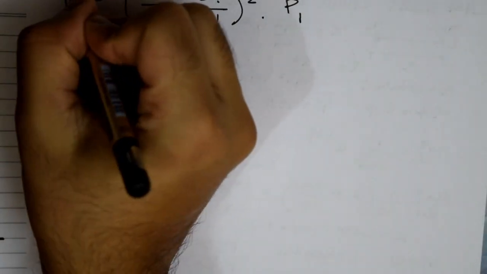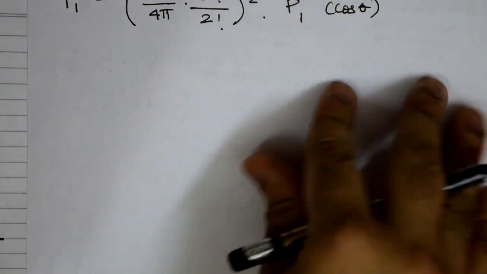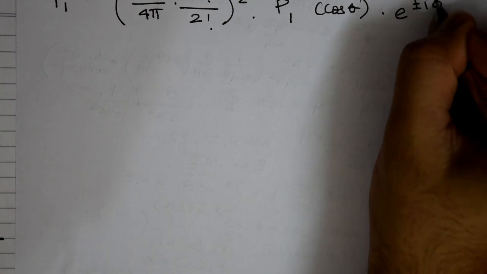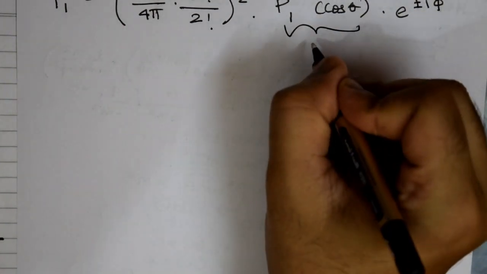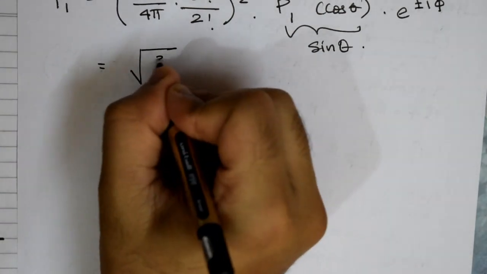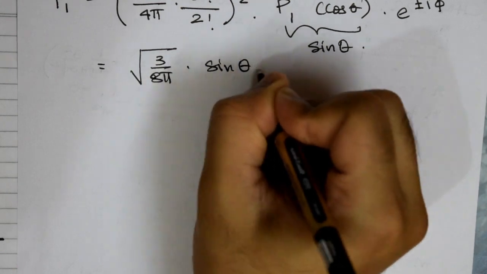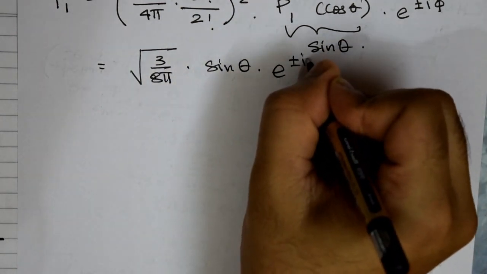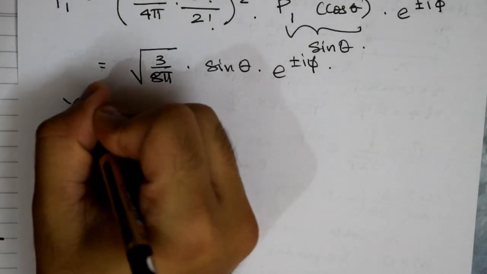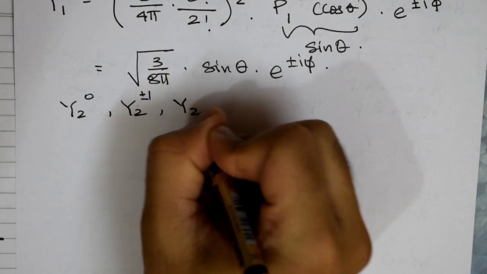Remember, we can write this as plus minus 1, right? So that is going to be equal to, if you might remember from the last class, plus minus 1 phi. You might remember this was equal to sine theta. So this becomes equal to square root of 3 by 8 pi times sine theta times e power plus minus i phi.